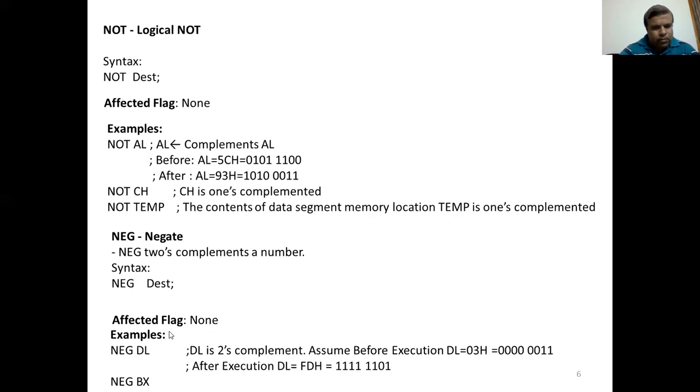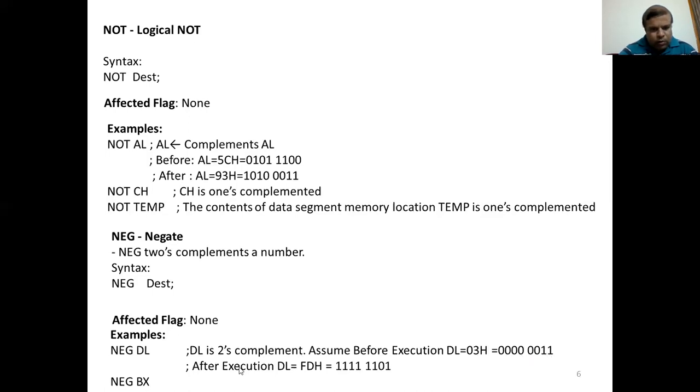Examples: NEG DL. The comment written here is that DL is 2's complemented. For illustration, let us assume that before execution, DL contains 03H, whose binary equivalent is 0000 0011.